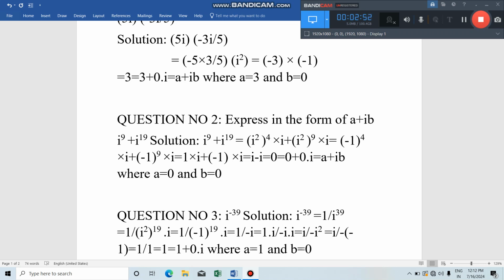Now we will multiply i on the numerator and the denominator also. So 1 into i divided by minus i into i equals i by minus i square, equals i divided by minus of i square, which will be minus 1. So minus in minus, after multiplying, will give plus 1. 1 by 1 equals 1. We can write it as 1 plus 0 into i, where a equals 1 and b equals 0.